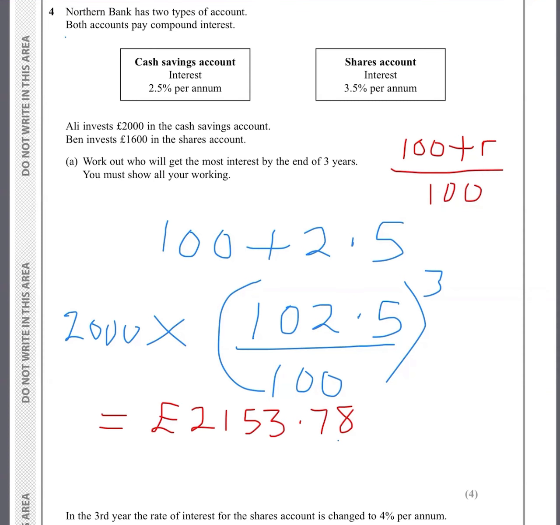How about for the shares account? The same method will be used. This 2,000 will be changed to 1,600, right? And what are we going to have at the top here?